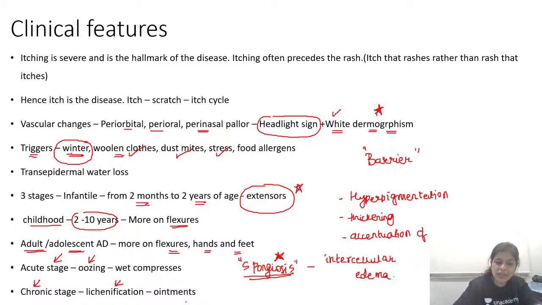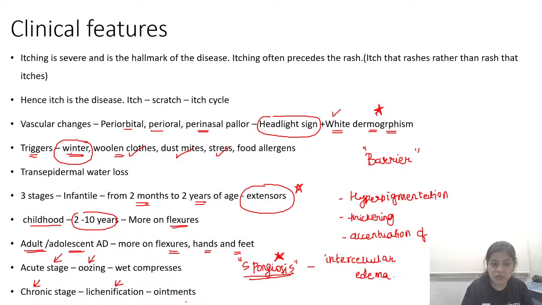Then in the chronic stage of eczema, basically what has happened is that the skin has become thickened. So when you are applying something on the thickened skin, you need something that is occlusive, right? So you would need something that has an ointment base. That is why in the chronic stage of eczema you will not prefer to use a cream or a gel or a lotion.